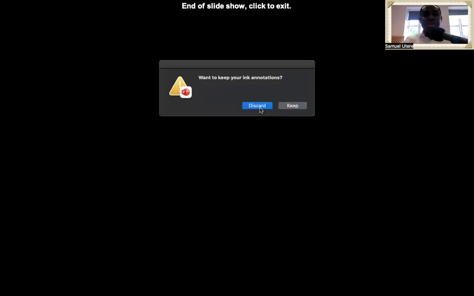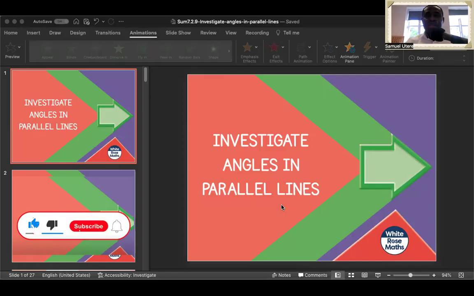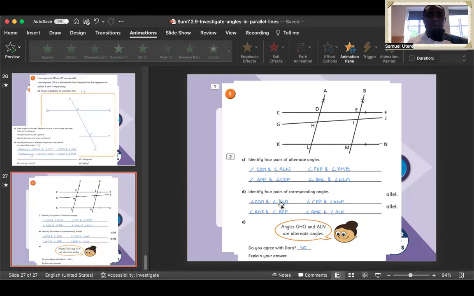In this lesson, you have learned how to investigate angles in parallel lines, and then you've used that knowledge to learn about keywords. You've learned about the word transversal. Transversal is the line that cuts through the parallel lines. And once you have a transversal for parallel lines, you can then identify corresponding and alternate angles.